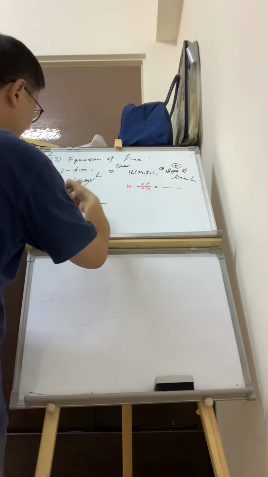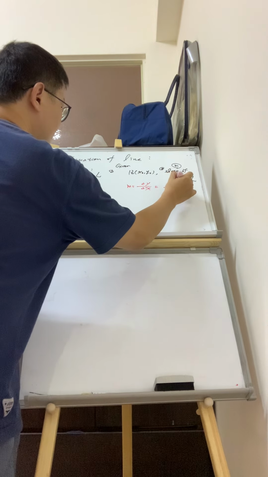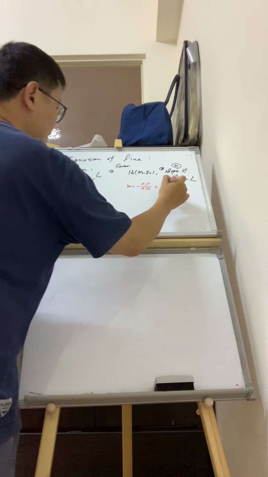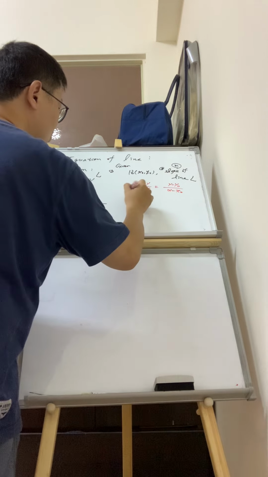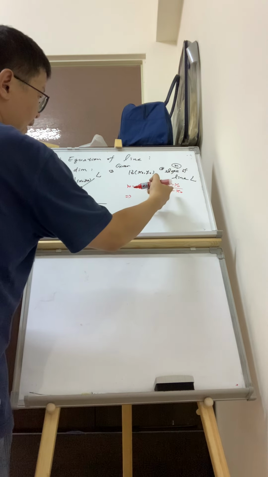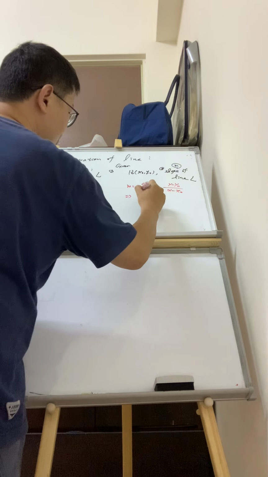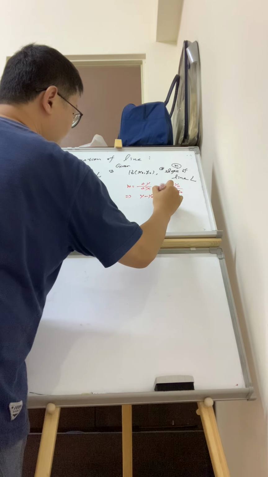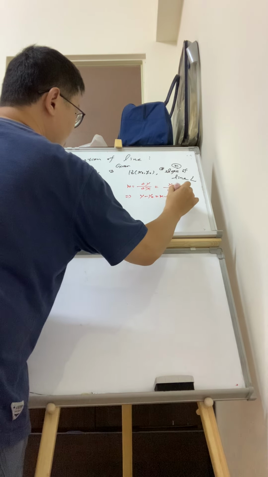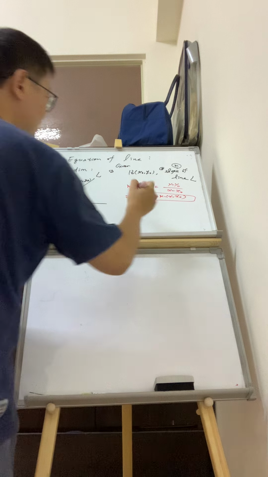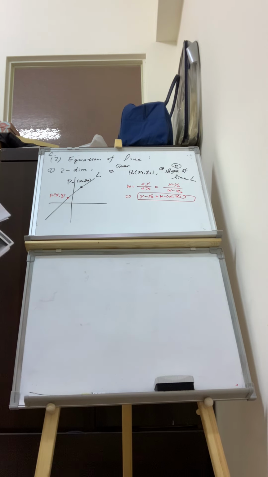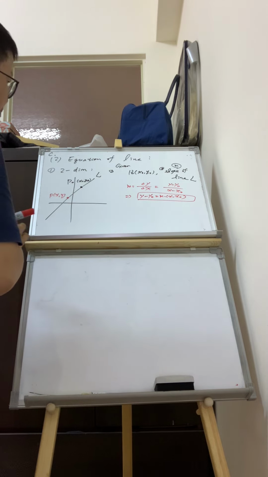The change in y is y subtract y0, and the change in x is x subtract x0. So we multiply by x subtract x0 on both sides and get y subtract y0 equals n times x subtract x0. Using this, you could figure out the straight line passing through P0.